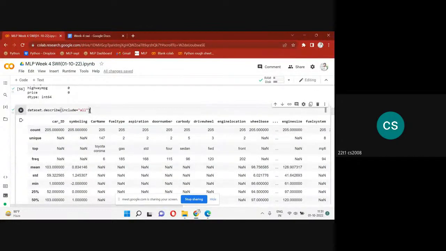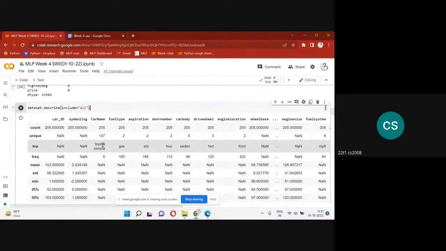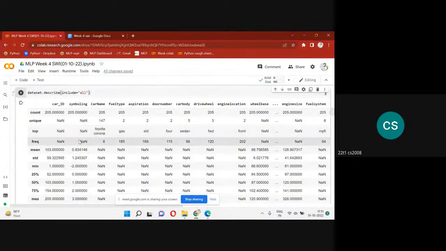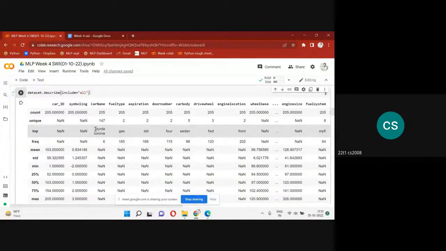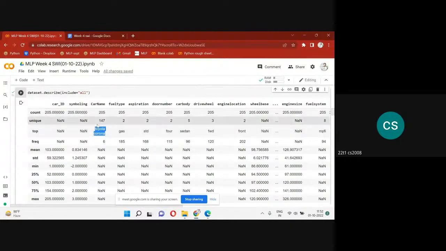Here it is giving you the maximum frequency of the top values. The code doesn't understand whether it's a car or anything; it just treats it as a categorical feature, a string.